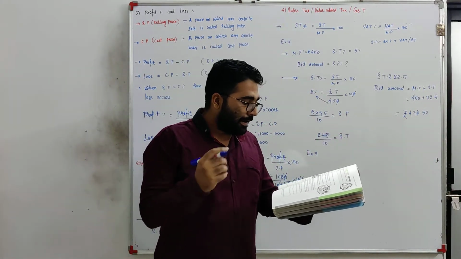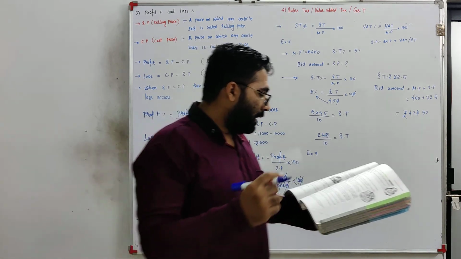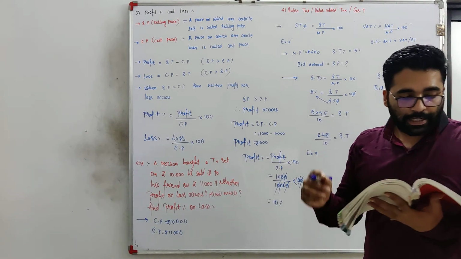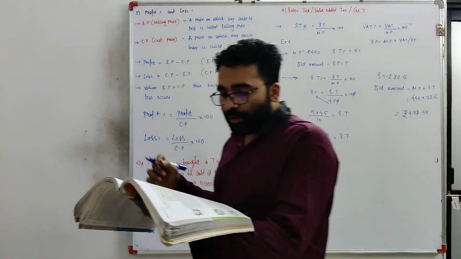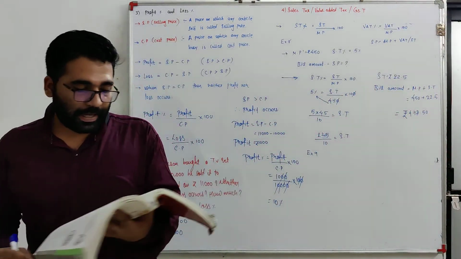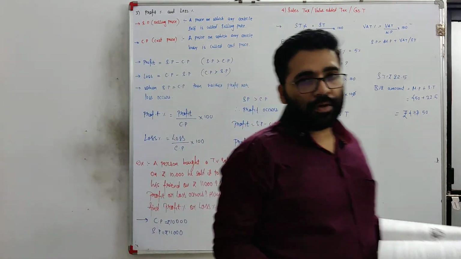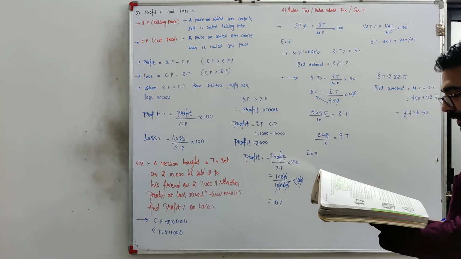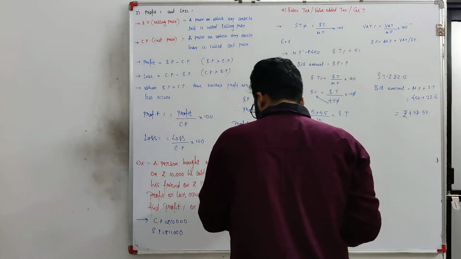Example number 9: Wahida bought an air cooler for rupees 3,300 including a tax of 10%. Find the price of the air cooler before VAT was added. So I need to find the VAT first, and then I need to add the value added tax.